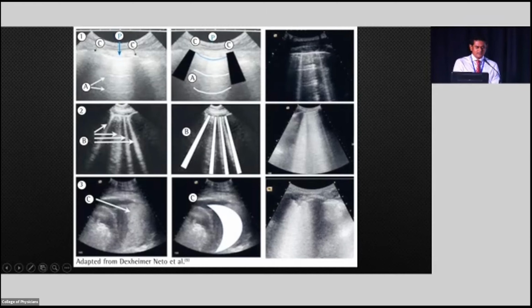So sometimes you might see several B lines in a patient, but if you have more frequent B lines or more confluent B lines, that means there's fluid either in the interstitium or in the alveolar. And as I told you, maybe you might see consolidations. And also sometimes it might help you to diagnose certain things like pneumothorax. There are a lot of things that you can do using ultrasound of the lung.